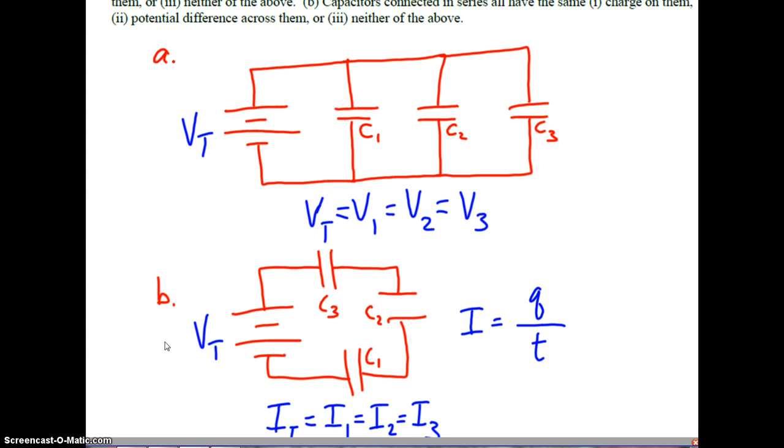And since current is the rate of charge flow, capacitor C1 gets the same charge as capacitor C2, which gets the same charge as capacitor C3. So the answer to B is they have the same charge on them, choice 1, because of that key characteristic of a series circuit.